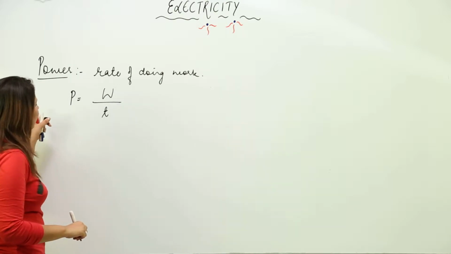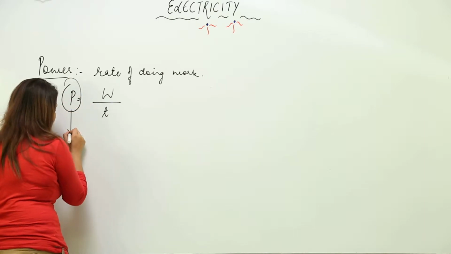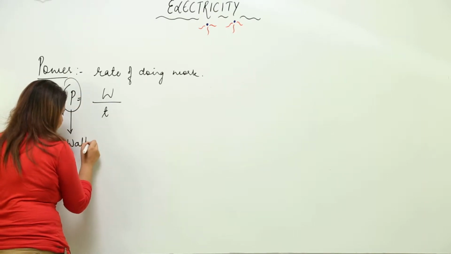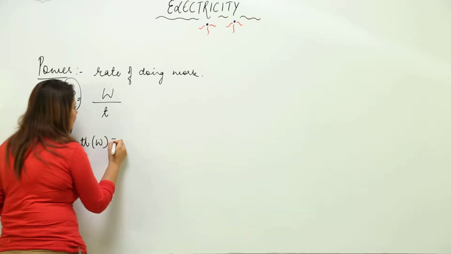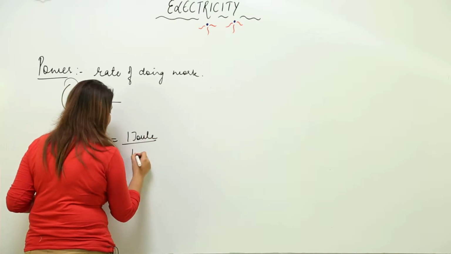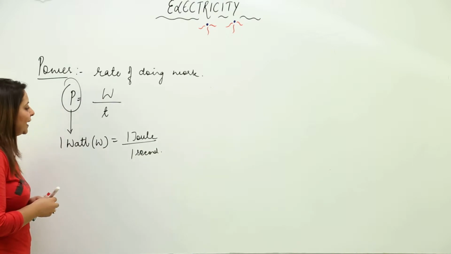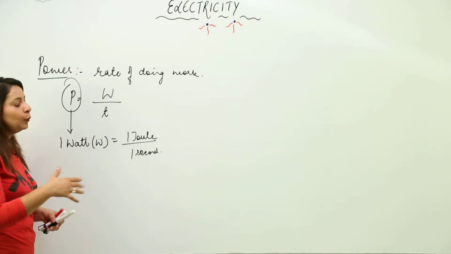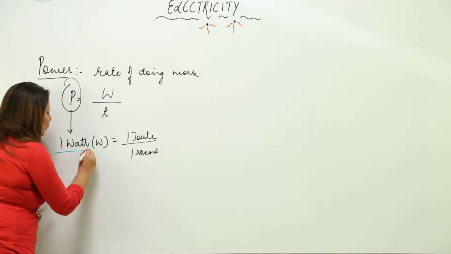If we talk about the SI unit of power, it is watt, and this is how you denote it, by writing W. 1 watt is equal to, work is measured in joule, so 1 watt is equal to 1 joule over 1 second. So if somebody asks you what joule per second means, it states that joule per second is equal to 1 watt.